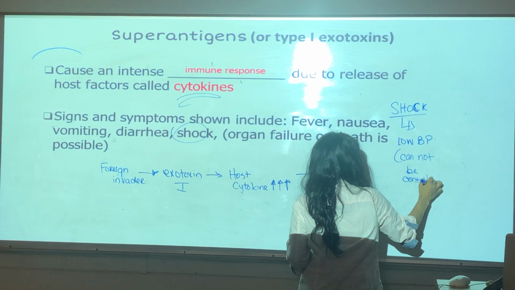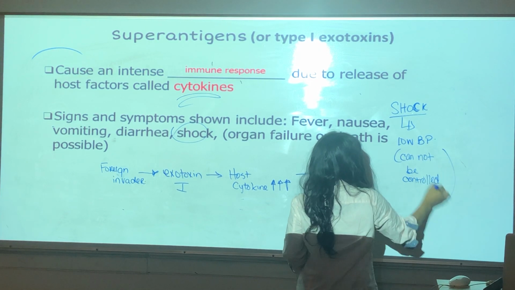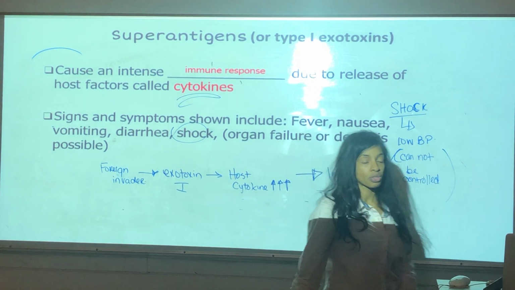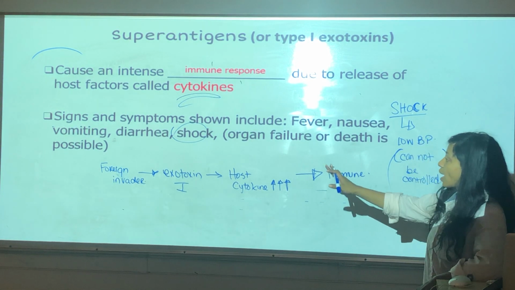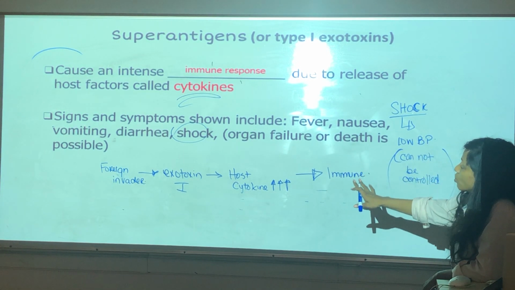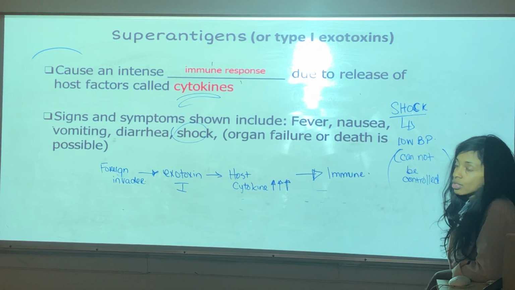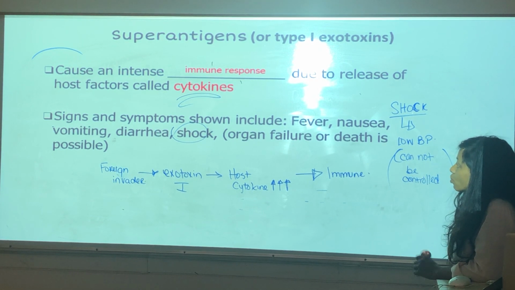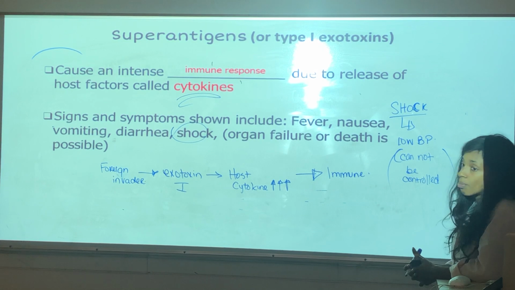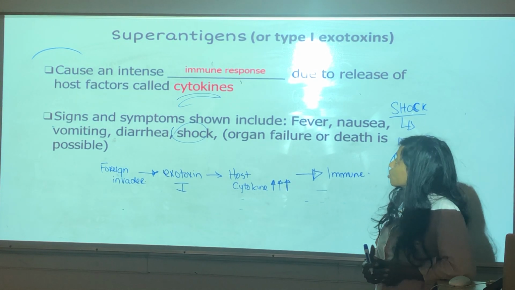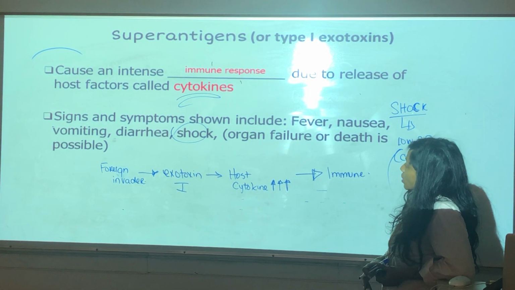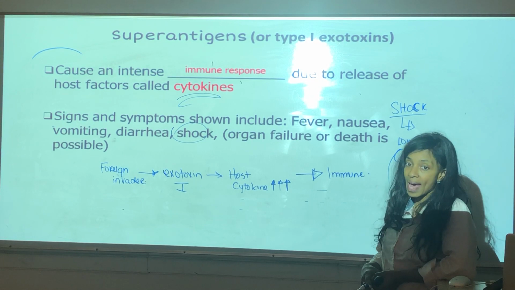You cannot control your blood pressure any longer because these organisms are in your body. Shock is definitely not good, and then organ failure. Of course, many of the people that cannot deal with this toxin in their body, or are not responding to medication, can die. So the toxins are bad.